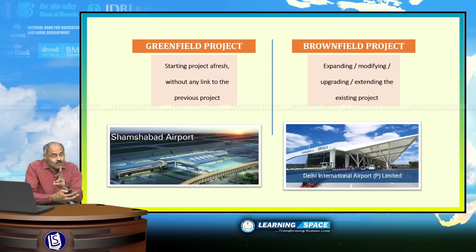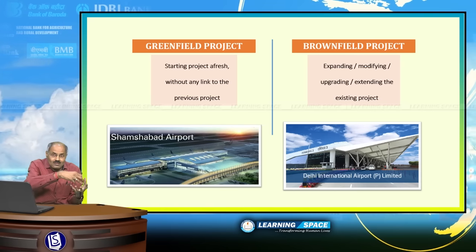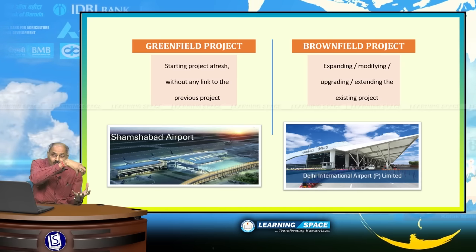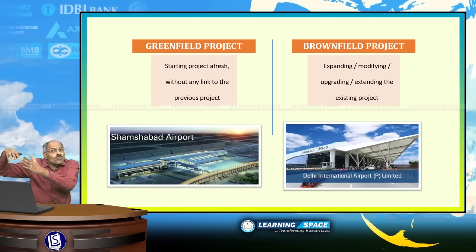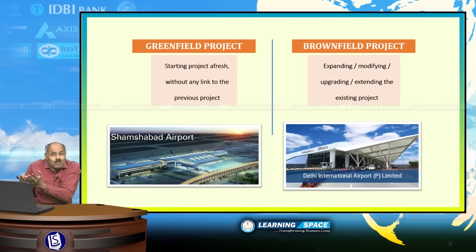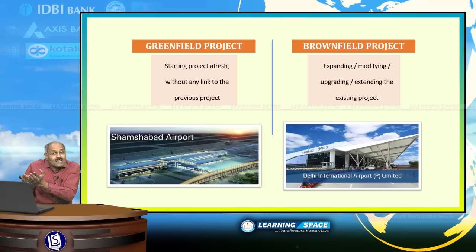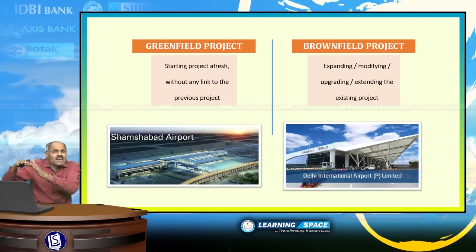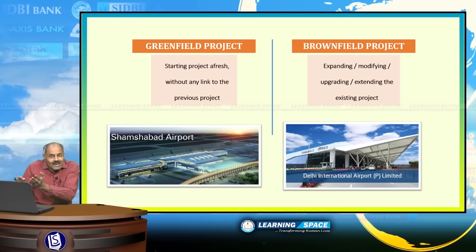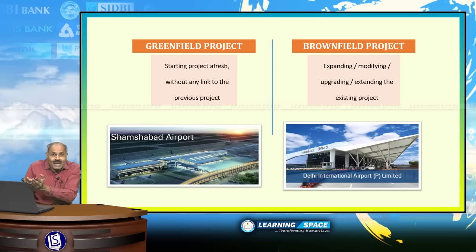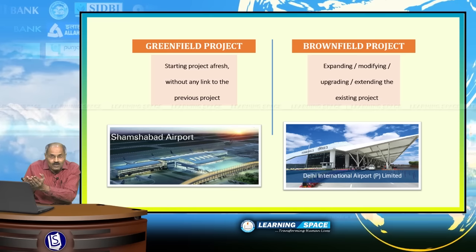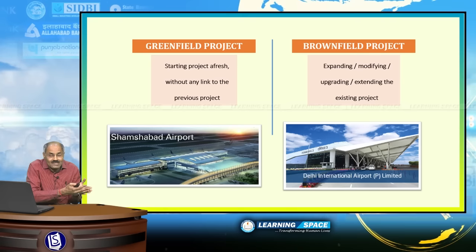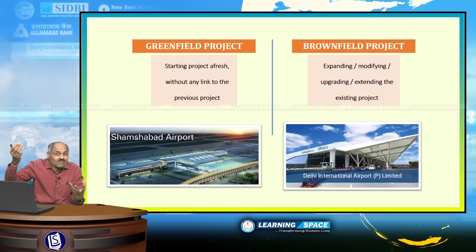Government had two options, whether to upgrade the infrastructure at Begumpet Airport or construct a new airport altogether at a new place. Constructing any new project at a new place is known as greenfield project, and brownfield project is developing the existing infrastructure.